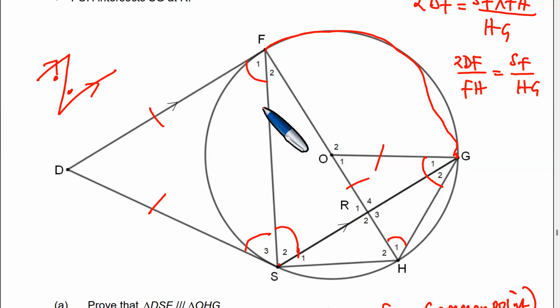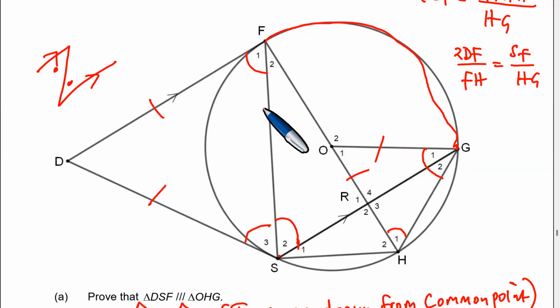You're certainly in business. So what we're going to do to prove this one, we're going to realize that DF over OG is equal to SF over HG.